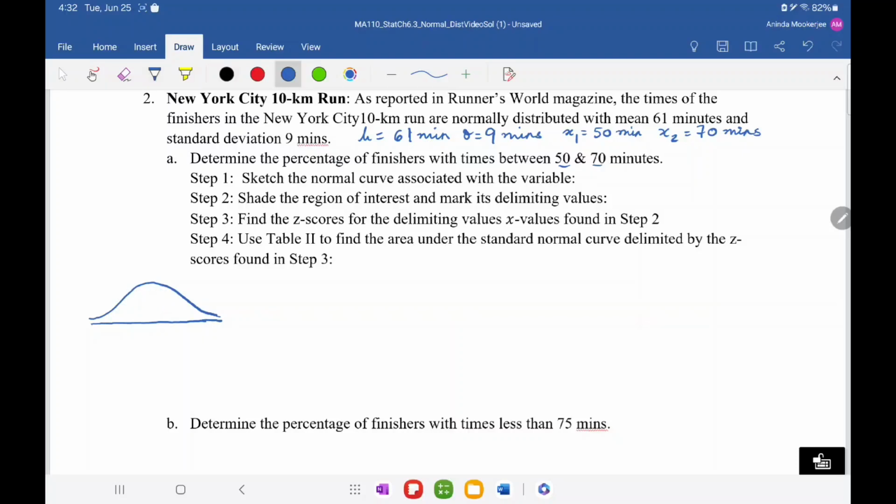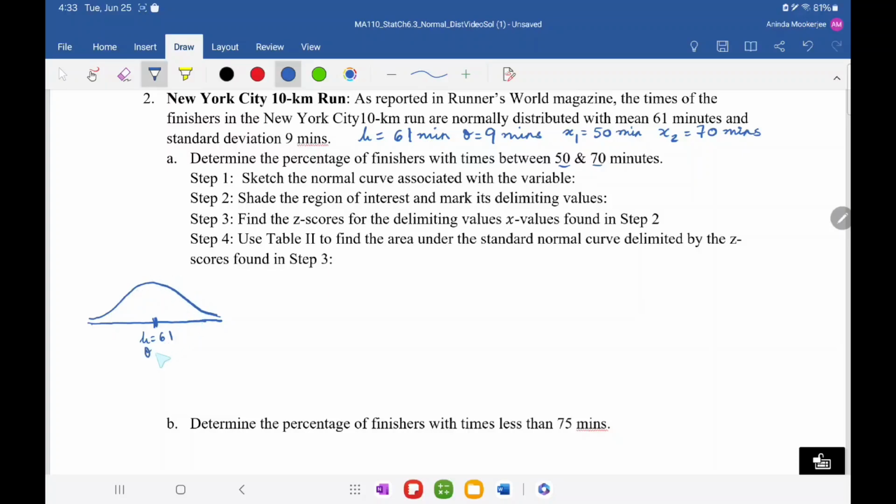This is not a standard normal curve, just a normal curve with actual values. So the center point of the curve is somewhere here, let's say, and that's 61, right? Mu equals 61. It's going to be at the center point of the horizontal line and therefore of the curve.